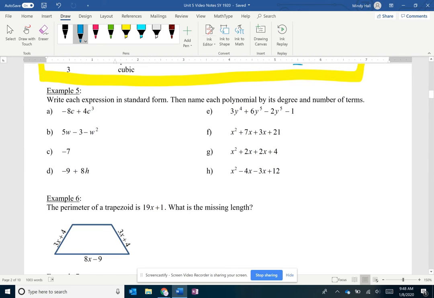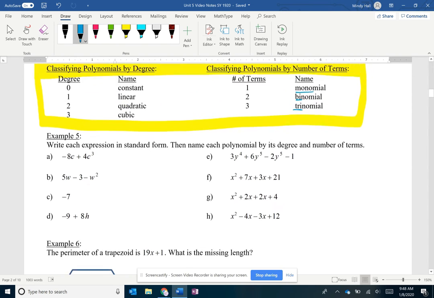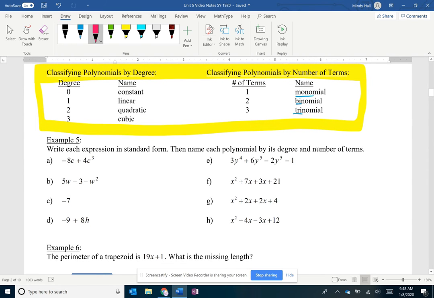So we're going to do A through H real quick, and we're going to write them in standard form and then name it by its degree and number of terms. So I'm actually going to scroll back up. That way you guys can still see it. But we have negative 8c plus 4c cubed. So to write it in standard form, I have to have my highest exponent. So that would be 4c cubed minus 8c.